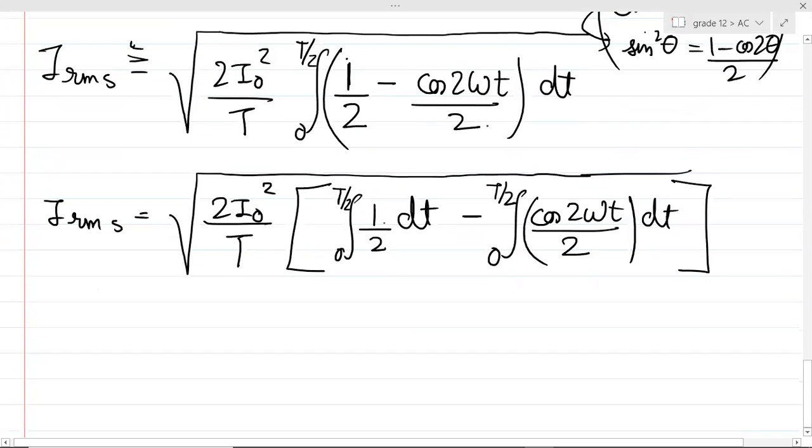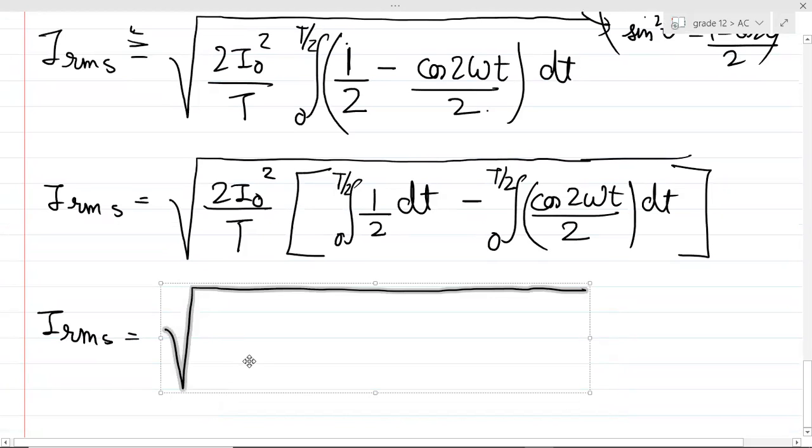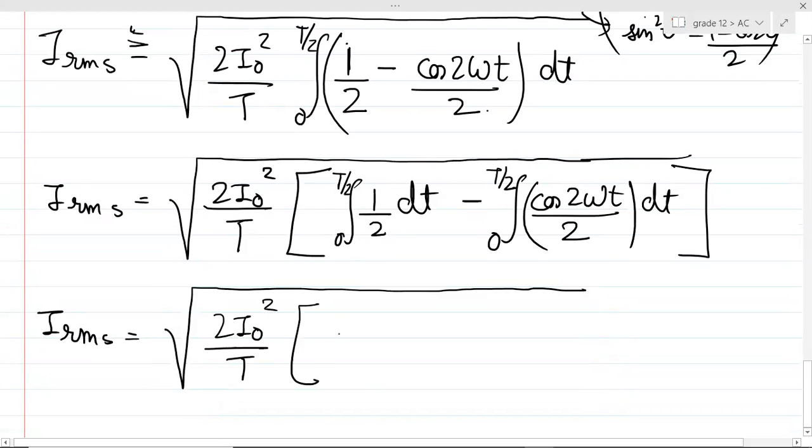When it becomes like this, can you see this half will come out of the integration, guys? It's a little bit typical, I know it's a little bit typical integration, but it is what it is. So twice of I naught square by t, this will be 1 by 2 out, and when you integrate dt, you'll get t, right?